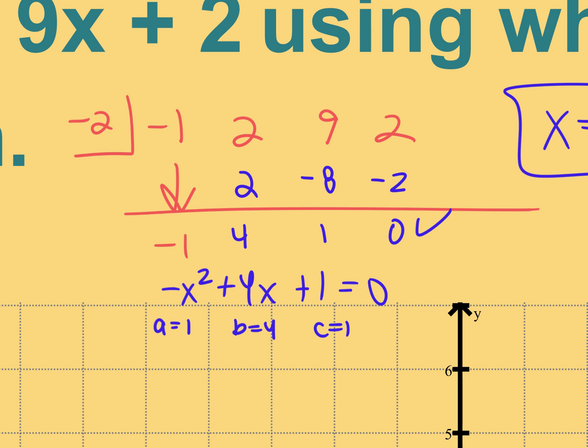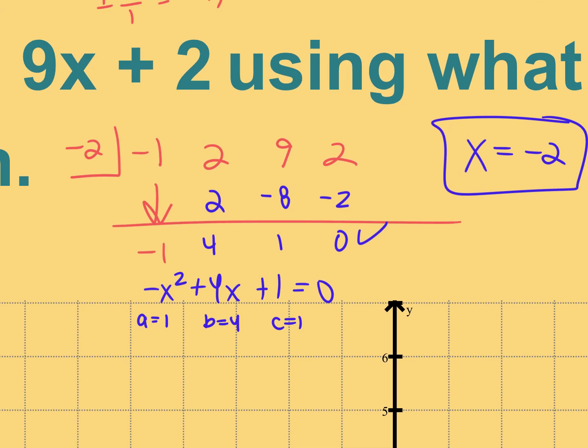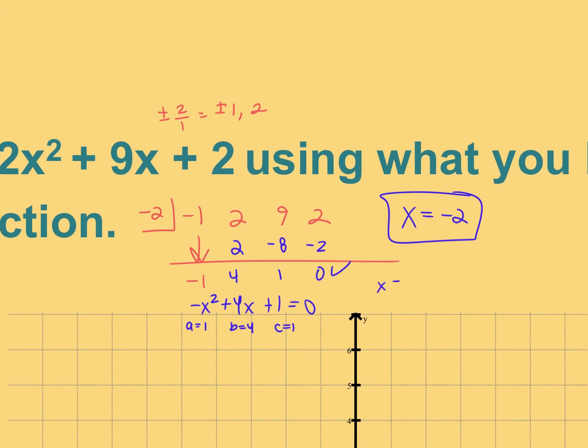We haven't had to use this yet. So quickly, our quadratic formula: -b plus or minus the square root of b squared minus 4 times -1 times 1, and then all over 2 times -1, right?